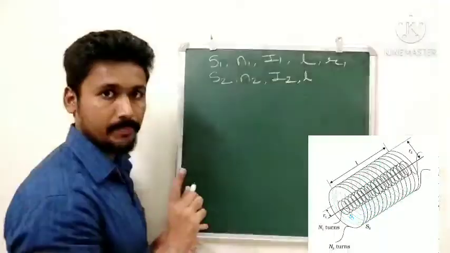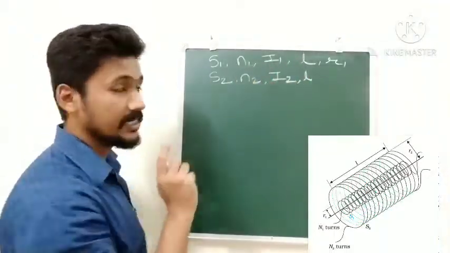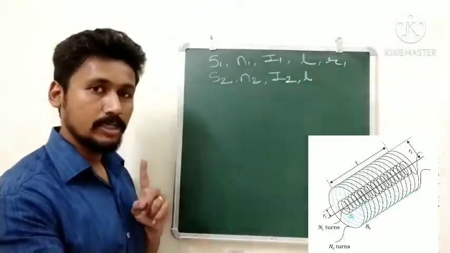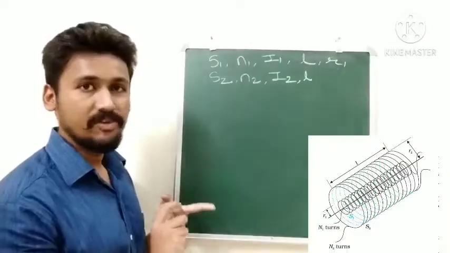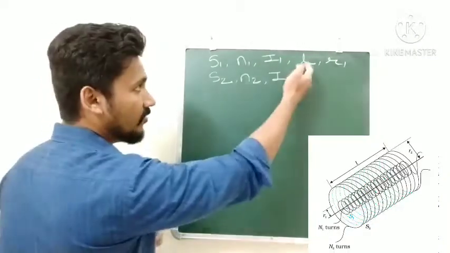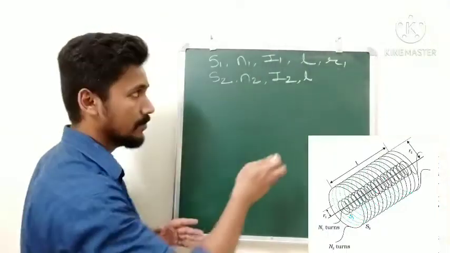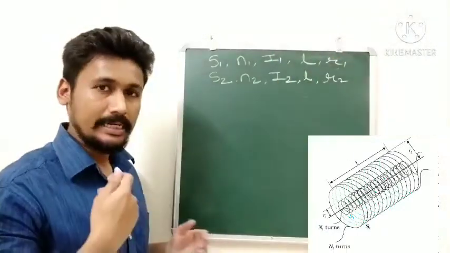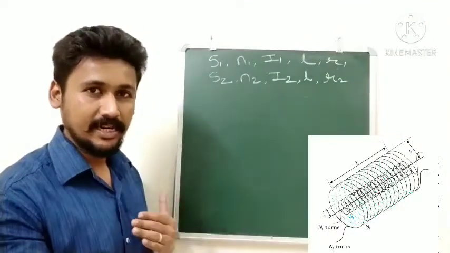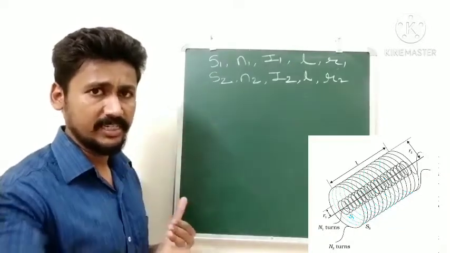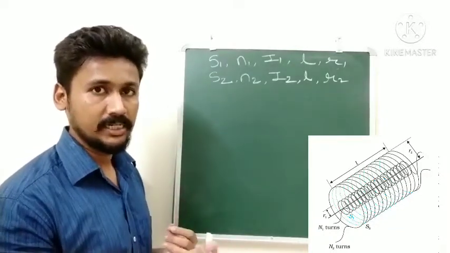Length will be L. Notice that we are considering both solenoids to have the same length, because if their lengths are not similar, this derivation will not be so simple. So for our convenience, we will consider both of them to have the same length, and the radius is going to be R2. It doesn't really matter which has a larger or smaller radius. For this consideration, we have considered S2 to have a larger radius.